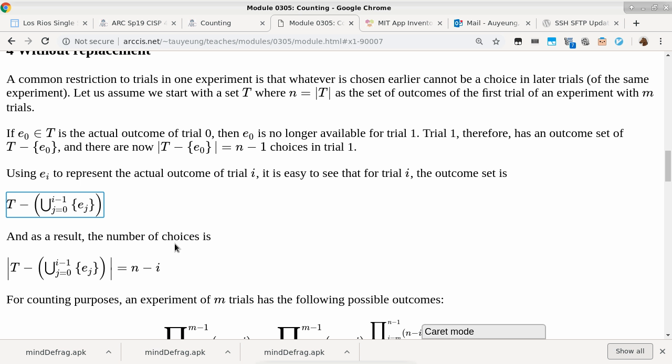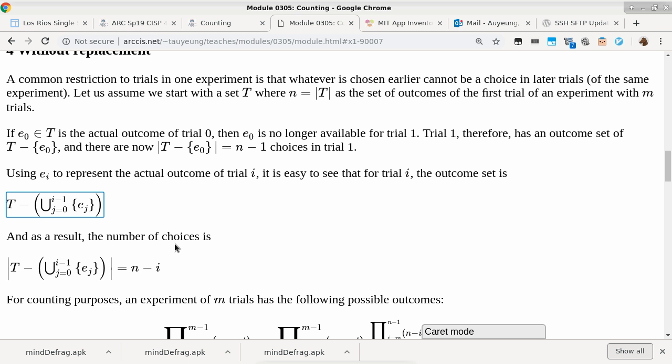Which word do you think starts with U in this class? Union. Very good. So this is a loop, just doing all the unions of each individual term. In this case, the index is J. J goes from 0 to I minus 1. And each item that we're unioning is the set of EJ by itself.